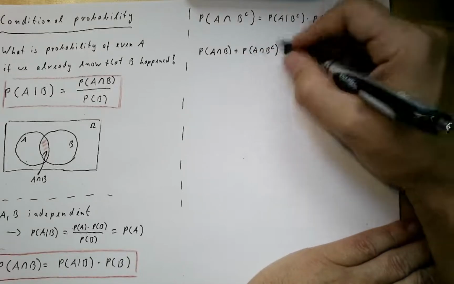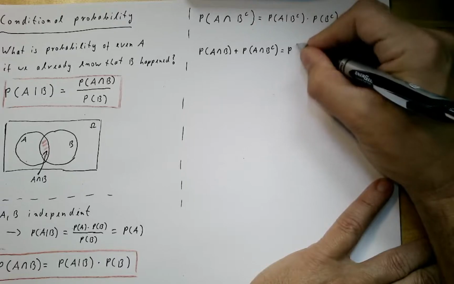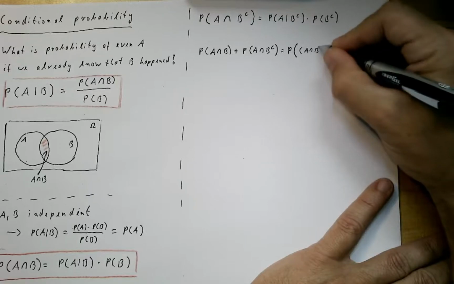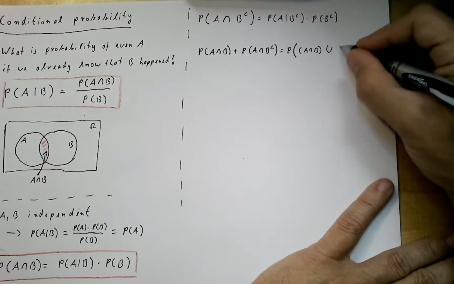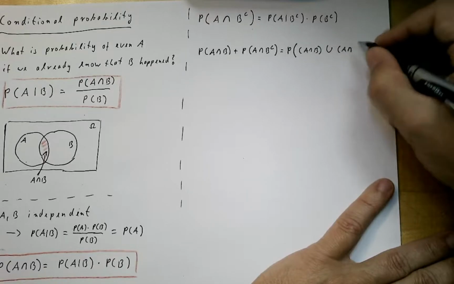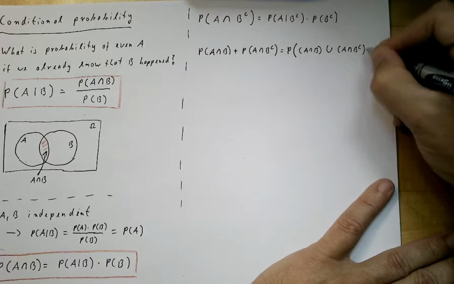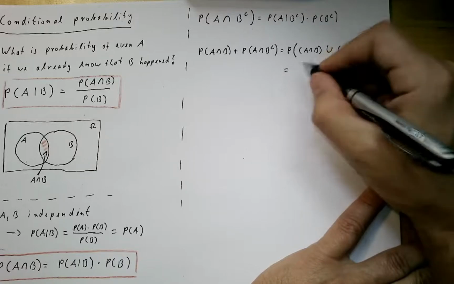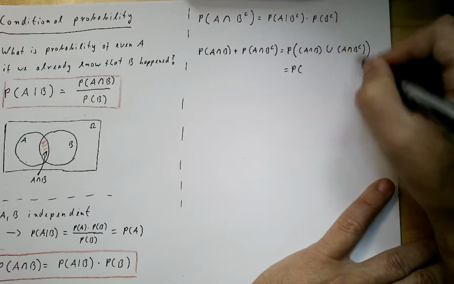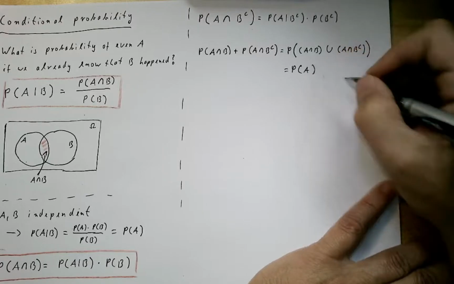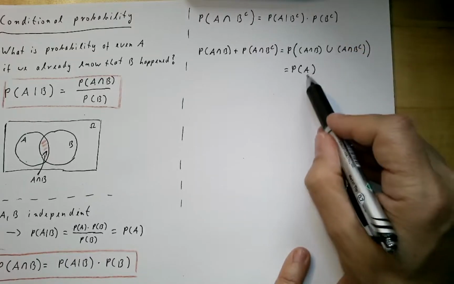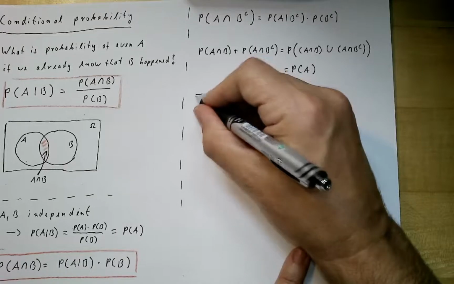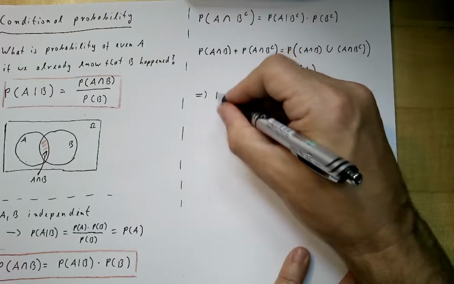Now we can take the rule for the union: the probability of event A intersection with B, and then the union A intersection with the complement. If you look at this set, you see this is just the set A, so that's just the probability of A. And then you see the probability of A equals this sum of probabilities, and this leads to the important partition rule.